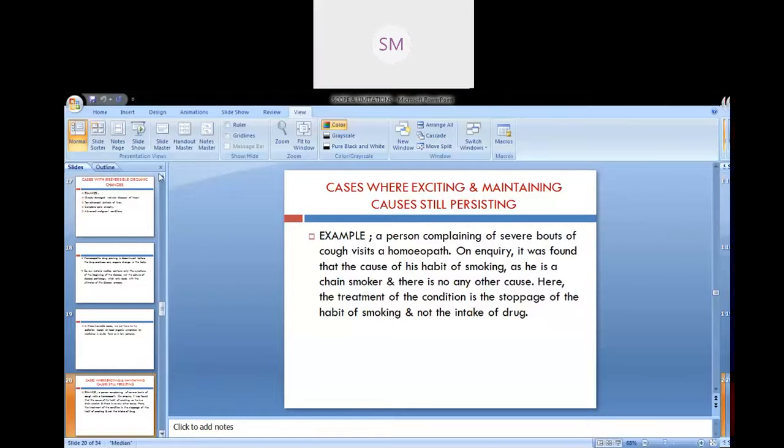Can you repeat the explanation on this slide, exciting and maintaining causes still persisting?